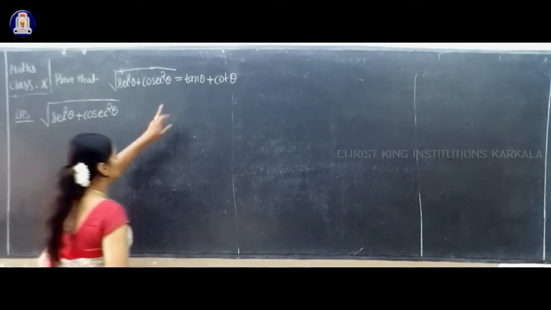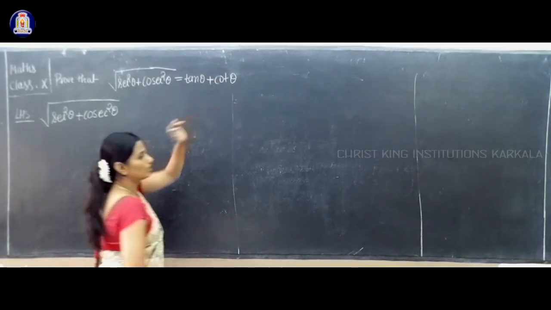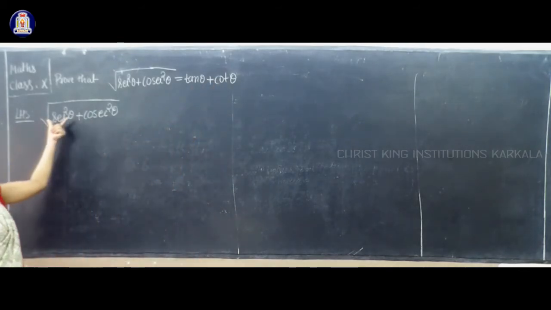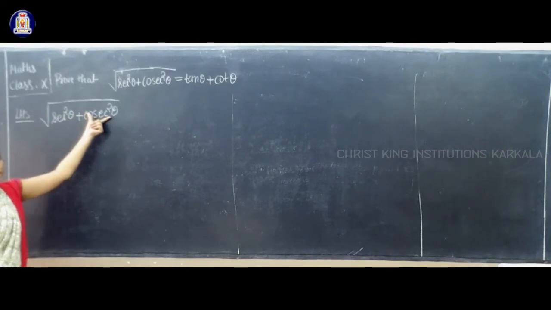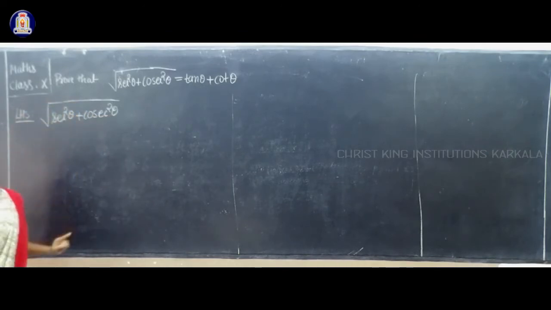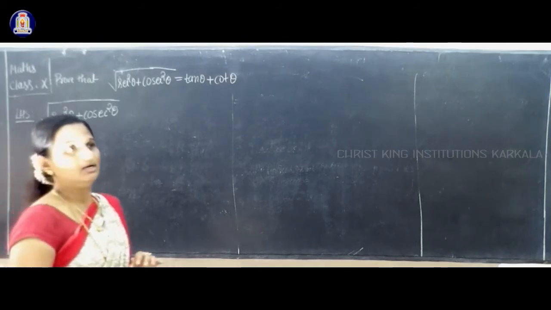See the answer. Answer is tan theta and cot theta. Try to change this secant and cosecant square to tan and cot. Is it possible? Yeah. How to simplify this one? First is identity.